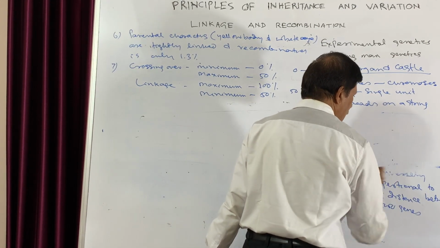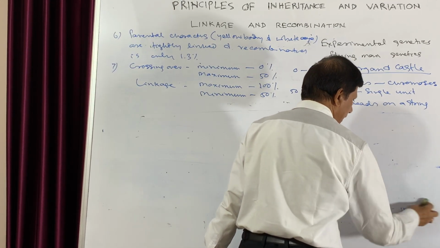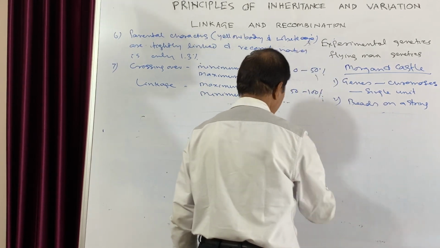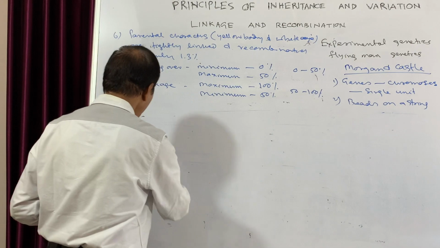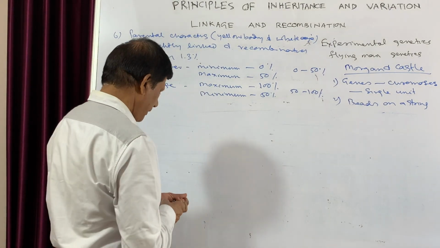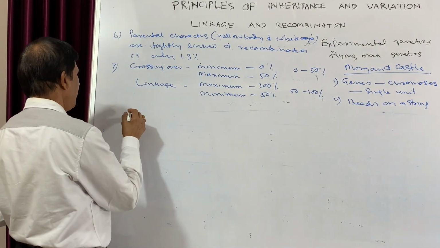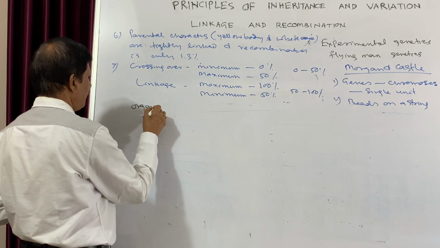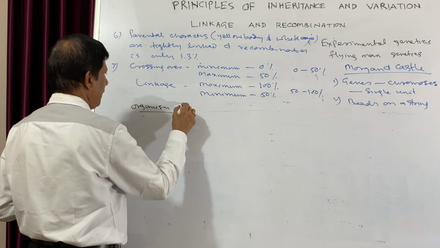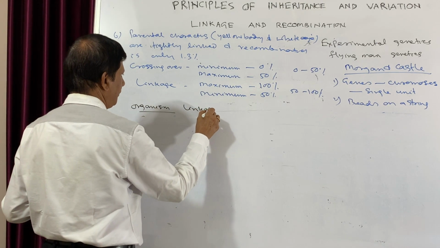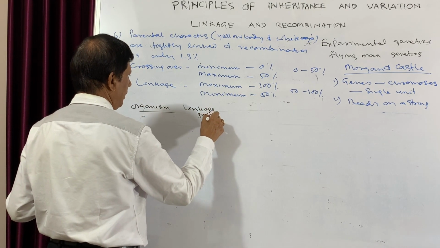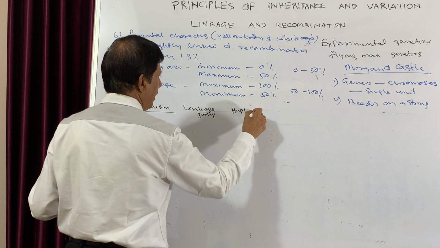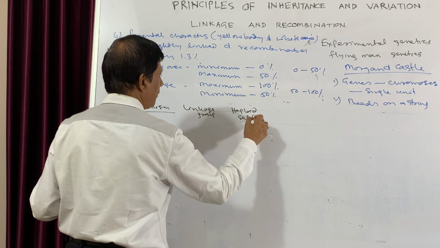Take the case of Drosophila. Here the haploid set is 4. So naturally the linkage groups will be 4. That means if we take the organism, linkage group, and haploid set of chromosomes.